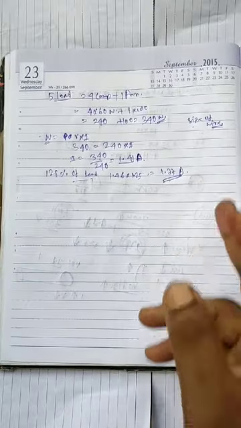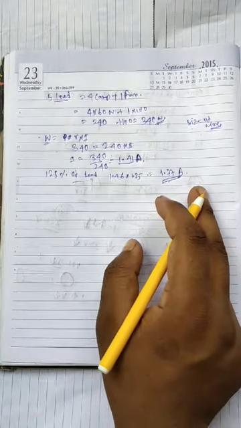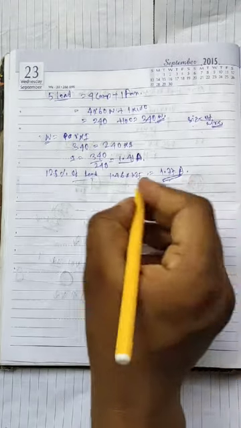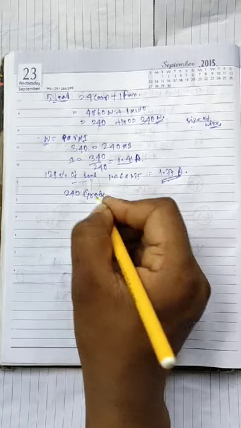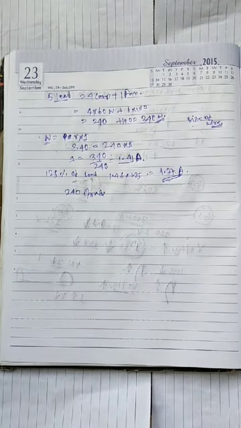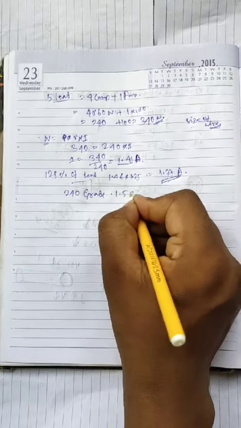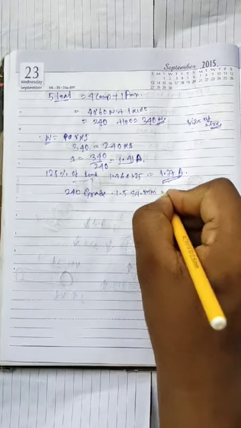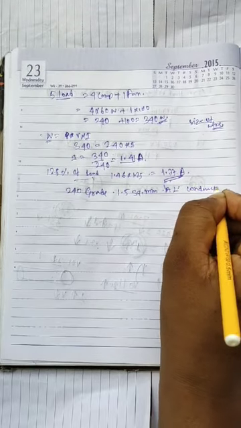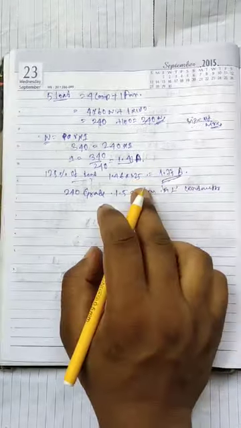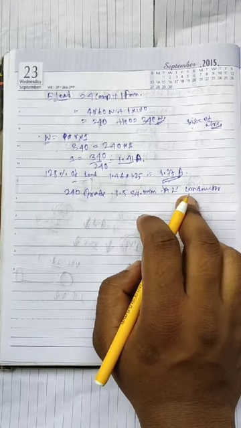This is the rating of the wire. That means we need a 240 volt grade, 1.5 square millimeter aluminum conductor. Okay, a 240 volt grade 1.5 square millimeter aluminum conductor is needed.